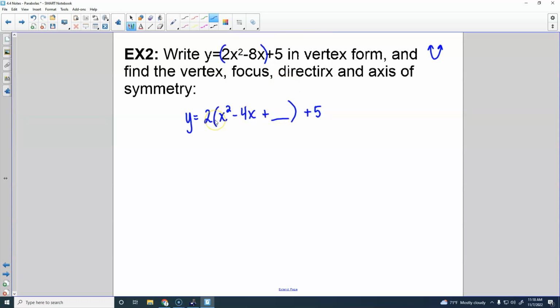We could put a minus or a plus blank here on the other side. But because we want this to be solved for y, and we don't want anything else over here with the y, what I'm going to do instead is put out here a minus blank.